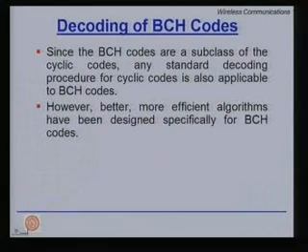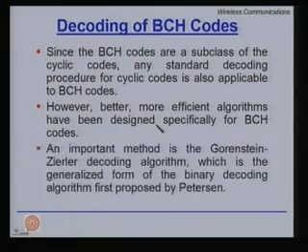But we have better, more efficient algorithms that have been designed specifically for the BCH codes, looking at the structures. An important method is the Gorenstein-Zierler algorithm, which is the generalized form of the binary decoding algorithm, which was first proposed by Peterson.